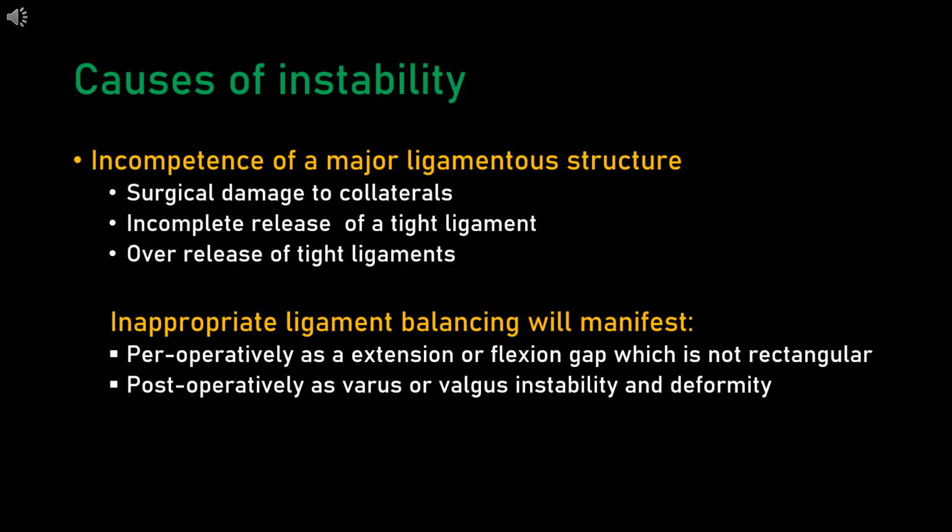Causes of instability. Incompetence of major ligament structures because of surgical damage to the collateral ligaments, or incomplete release or over release of the tight ligaments, causes ligament imbalance. Inappropriate ligament balancing will manifest intraoperatively as an extension or flexion gap which is not rectangular, or postoperatively as a varus or valgus instability and deformity.